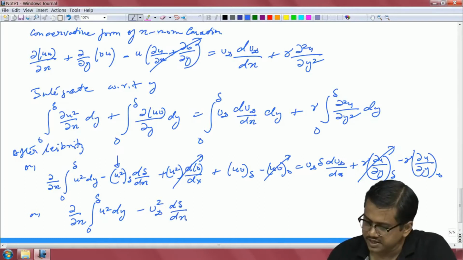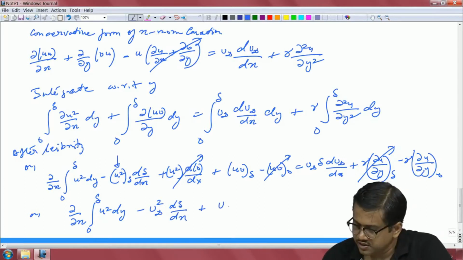This part remains the same, plus u infinity, if you take the u infinity, v is equal to actually u infinity. Okay.